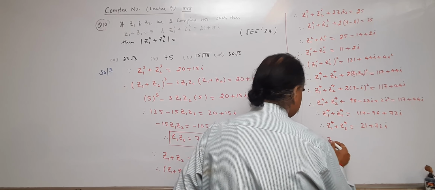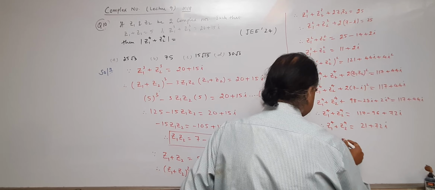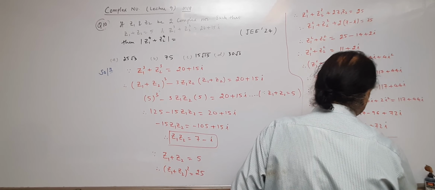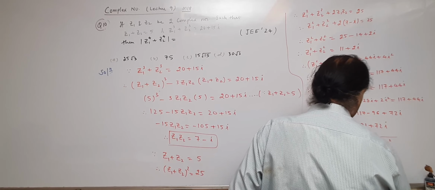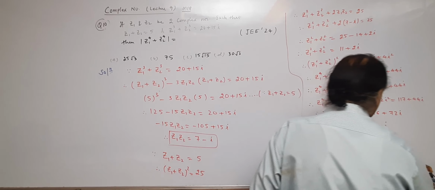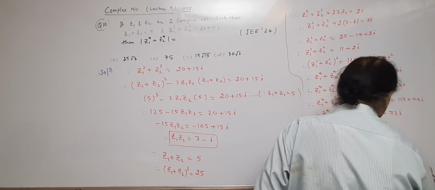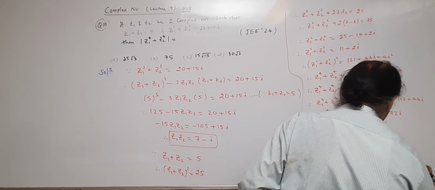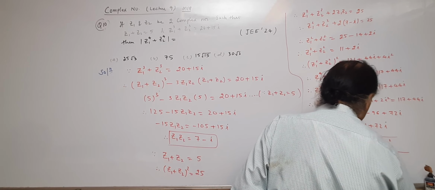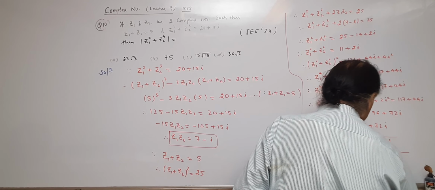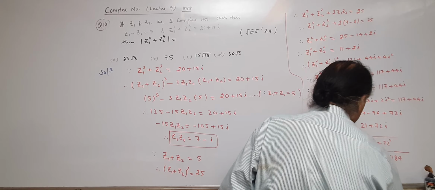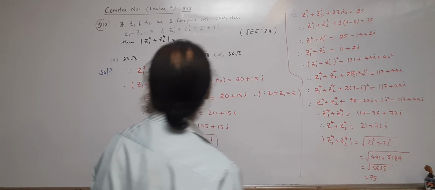The modulus of Z1 raised to 4 plus Z2 raised to 4 is equal to root of 21 square plus 72 square. 441 plus 72 square will be what? 5625 is what? Root of that is 75. Answer B.